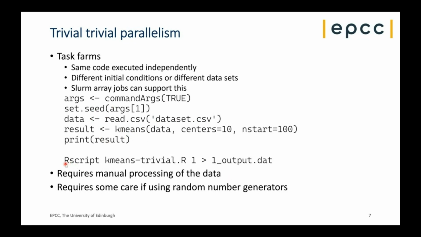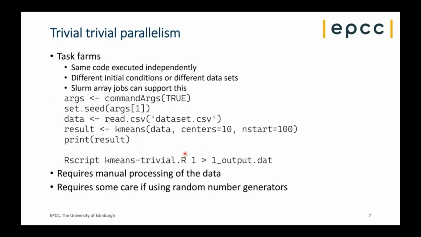Inside our batch script, we call Rscript kmeans_trivial, which is the name of this program, and we pass in a number. It will use that number to specify a different seed for the random number generator, and that will let us do a k-means exploration across a range of initial conditions to get varying statistical analysis of this data set.